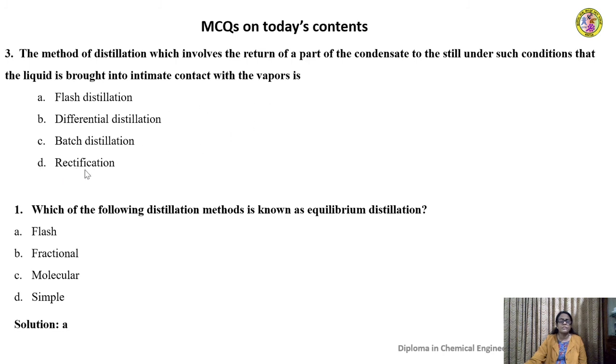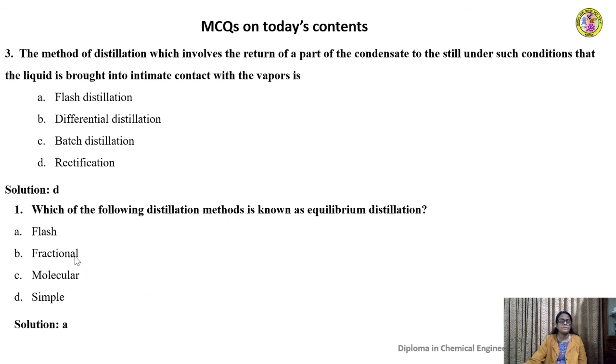It is only in rectification that a part of the condensate is sent back to the column to contact the upgoing vapors, in order to make them rich in the more volatile substance. That is to enhance the separation of the components. So the answer for this question is rectification.